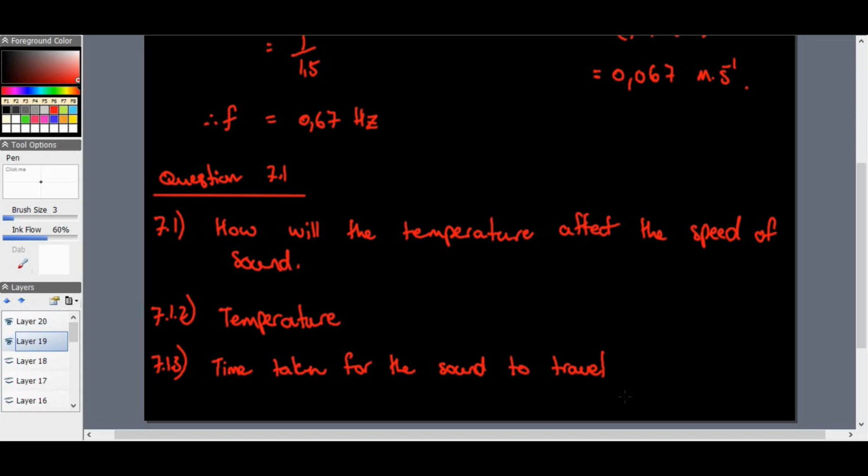Well, the temperature, which is what we are trying to investigate. So the time taken for the sound to travel is the dependent variable. Don't confuse that with standalone time, because standalone time, in other words time moving along, is independent. Another dependent variable would also be the speed of sound.